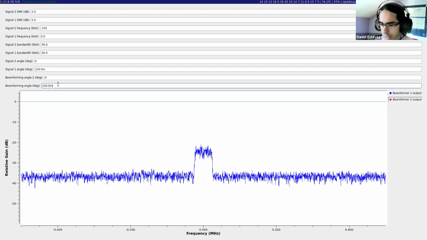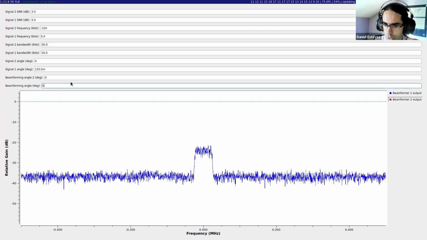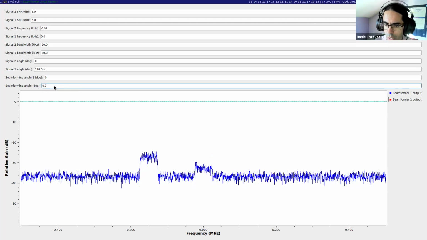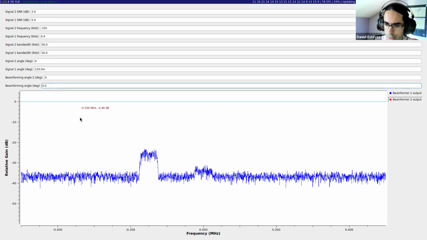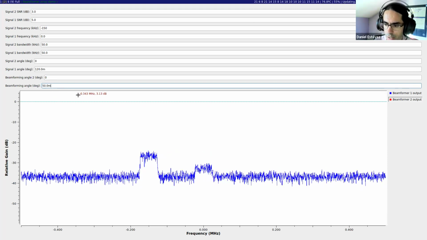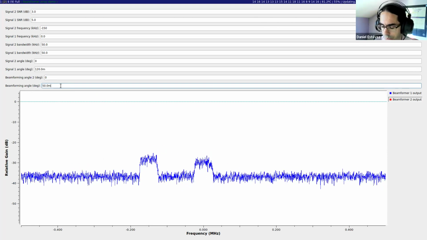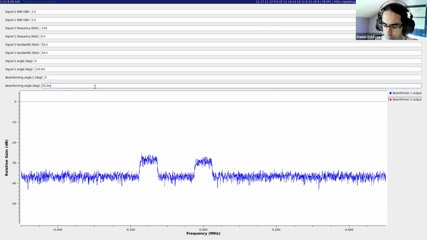So I would get a one-dimensional image, but you probably get the idea. What I do is I keep changing this value. I put 0 and hey, there's a source there, so it should appear at 0 degrees on my image. Then I keep moving, and by seeing how the power changes, that's how I make an image.